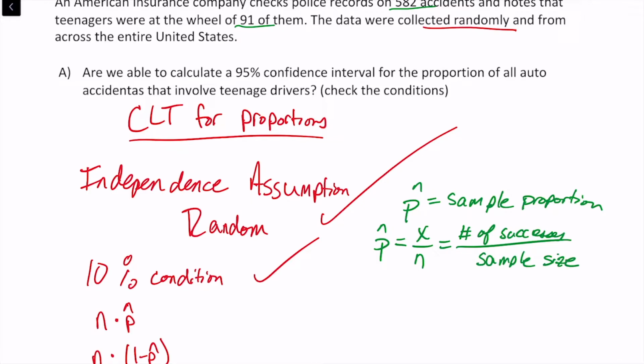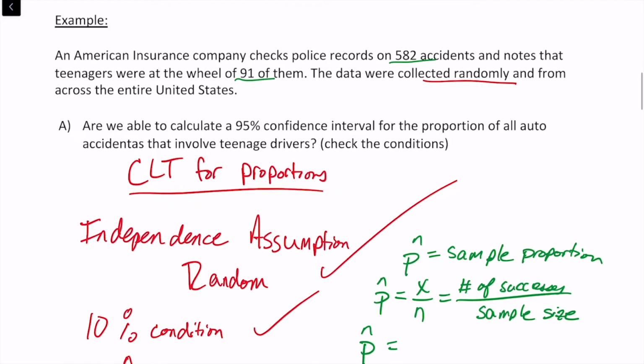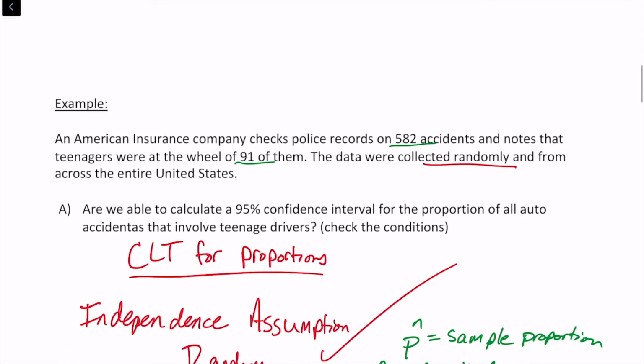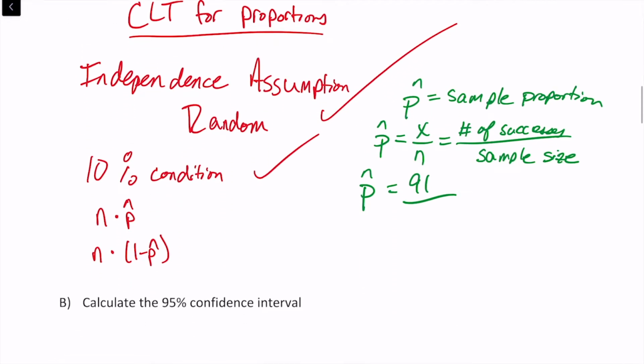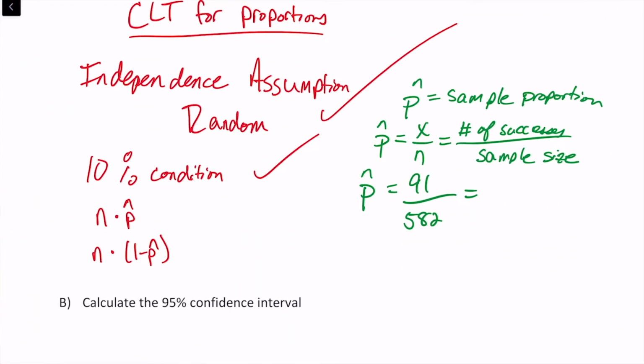So x is 91, and we divide that by 582. Taking 91 divided by 582, to 3 decimal places we get 0.156.